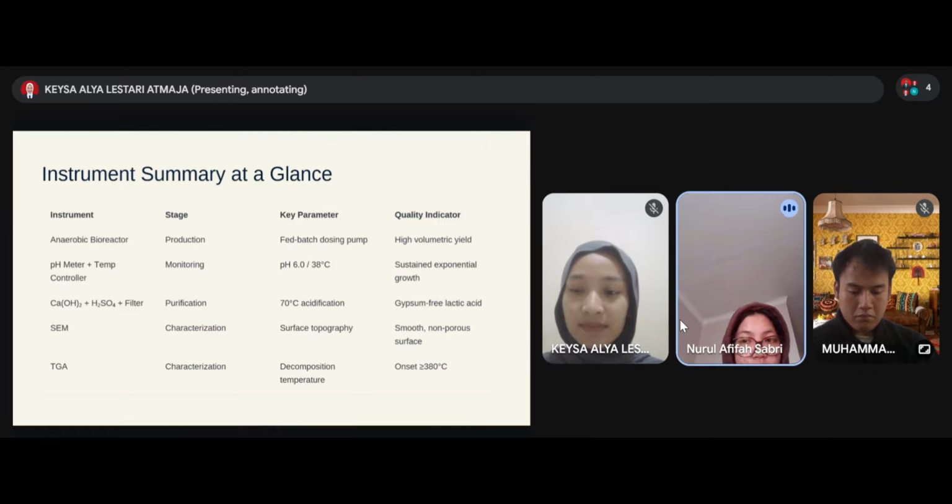In the purification stage, neutralization and filtration are carried out to obtain gypsum-free lactic acid. For characterization, SEM is used to analyze the surface morphology of the product. Additionally, TGA is used to evaluate thermal stability and decomposition temperature. All of these instruments play an important role in ensuring the final product quality.